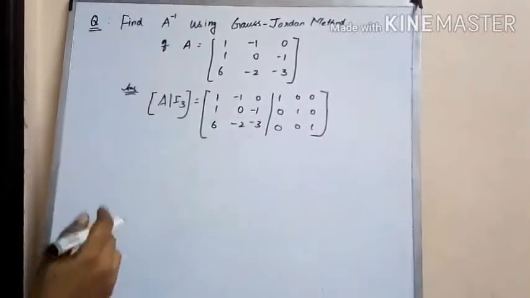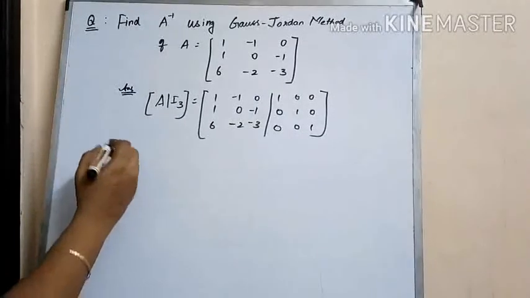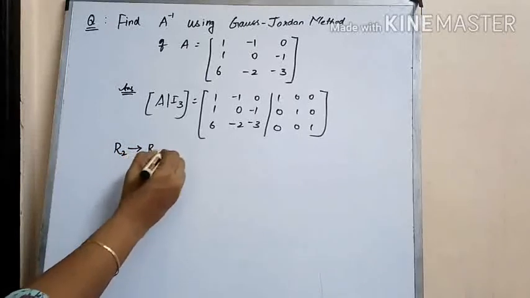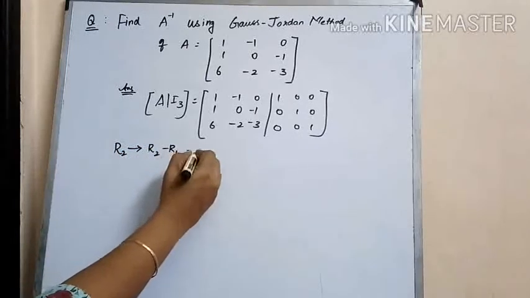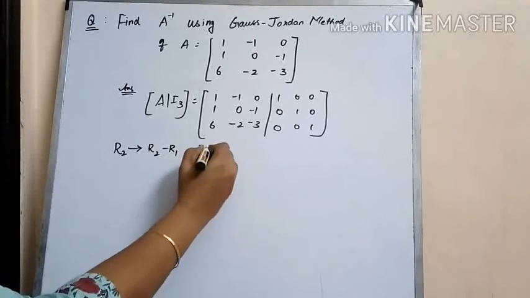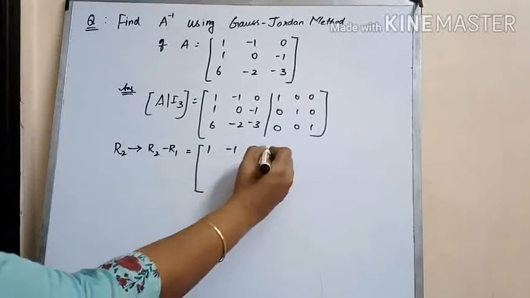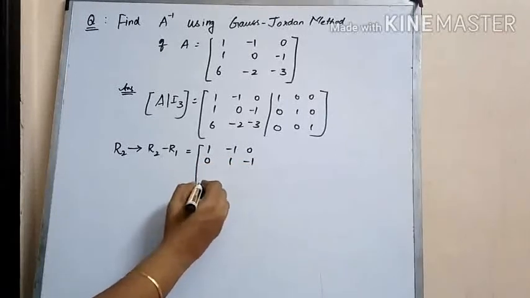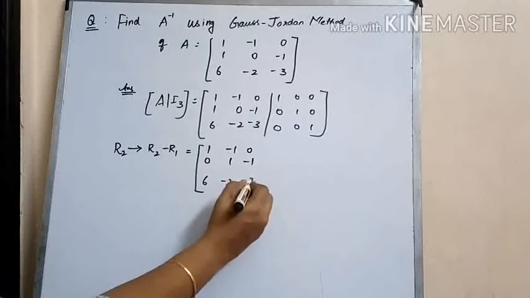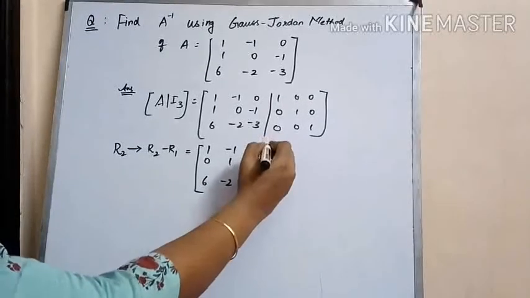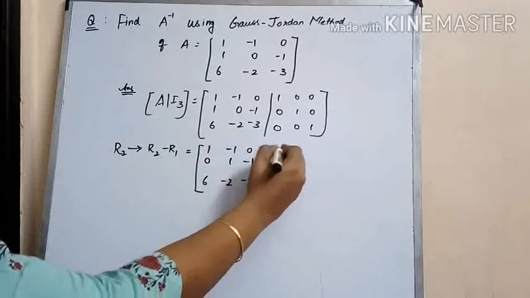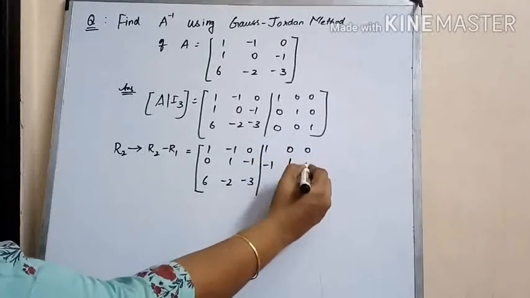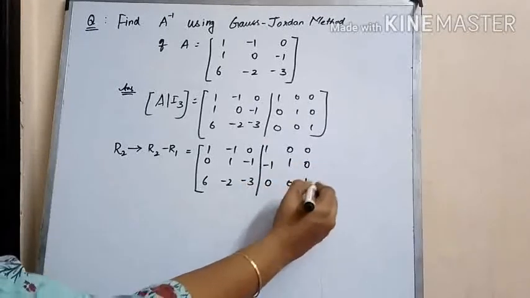The first row operation we are doing here is row 2 minus row 1. So we get 1, minus 1, 0, 0, 1 minus 1, 6, minus 2, minus 3, and on the right side 1, 0, 0, minus 1, 1, 0, 0, 0, 1.